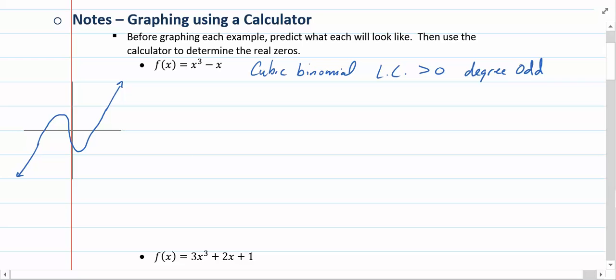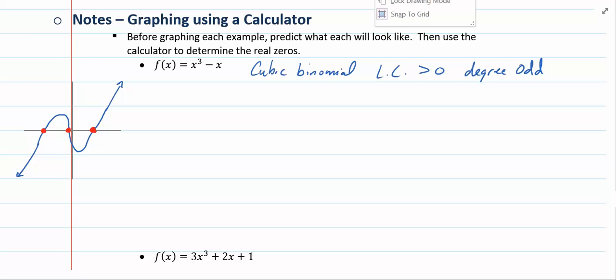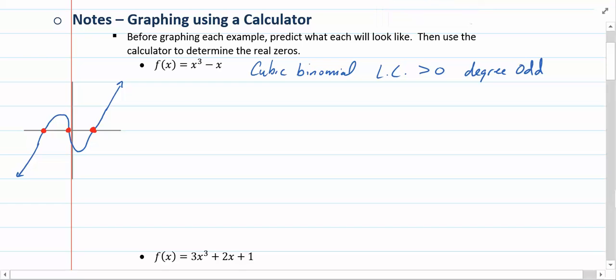Don't forget that when we use a graphing calculator to solve this expression or find the real zeros, what we're looking for are the x-intercepts. So we could have up to 3 intercepts here if the graph turns in this direction. Now, we don't have to have 3 intercepts.